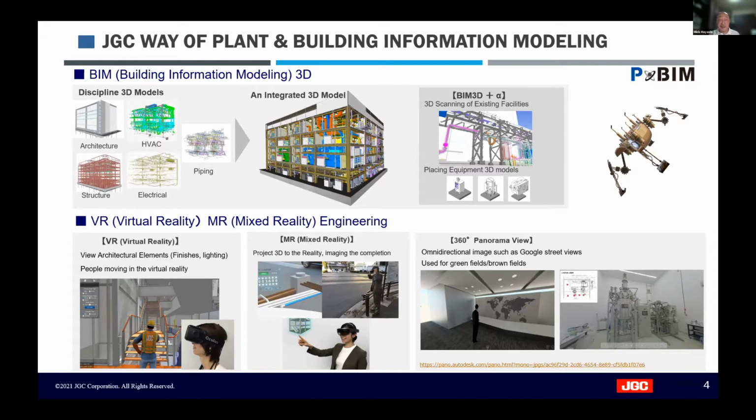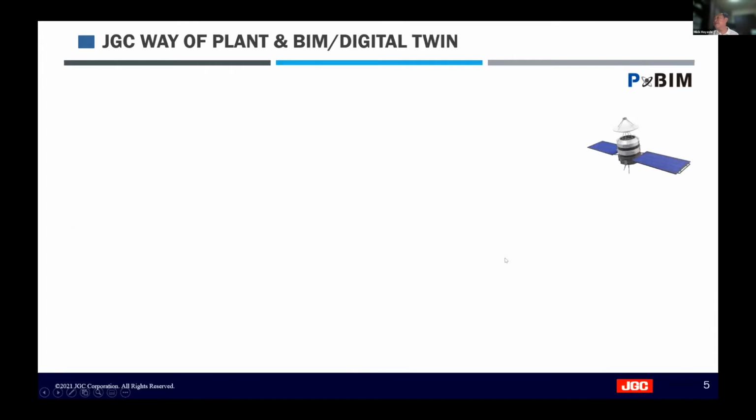So this is a technical term. Allow me to use sometimes our EPC, that means engineering, procurement, and construction project. So greenfield is to build a new plant, and brownfield is renovating an existing plant. So these technologies are used for both cases. Right now, the next example.